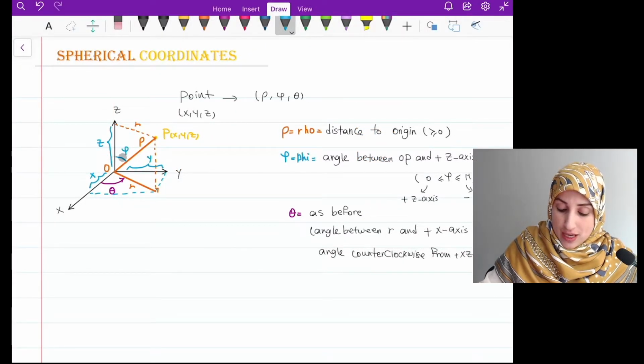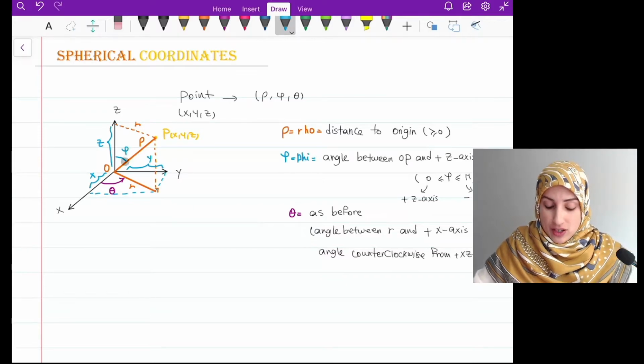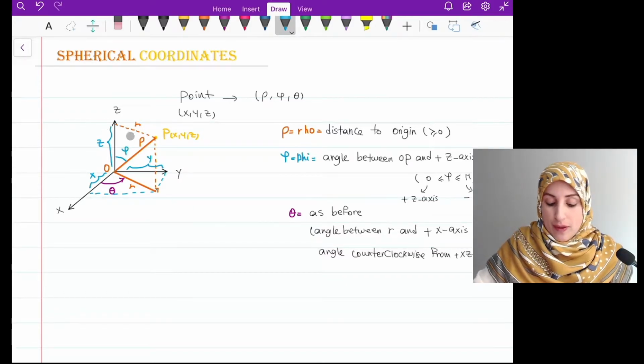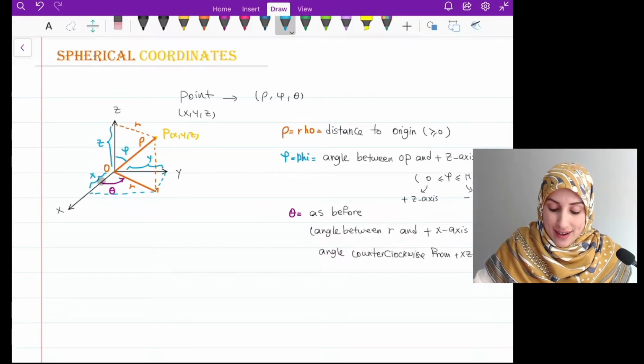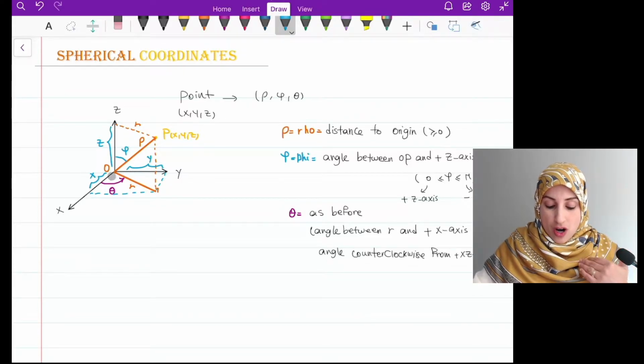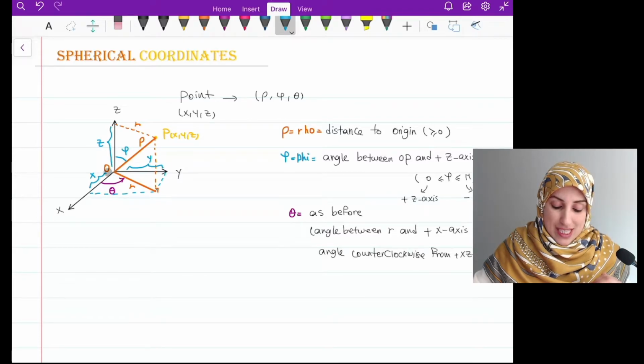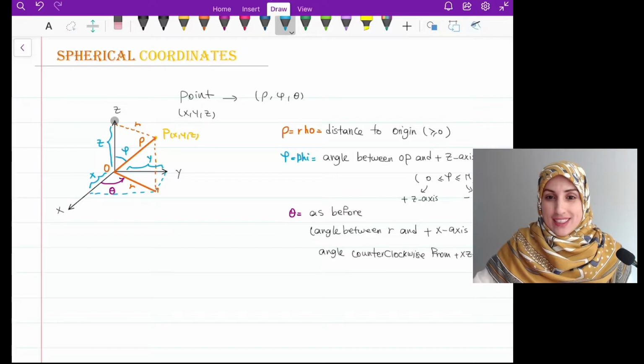Then phi is the angle from OP to the positive z-axis, and theta is the angle of R to the positive x-axis. Or I can say that it's basically the angle from OP to the positive xz plane.